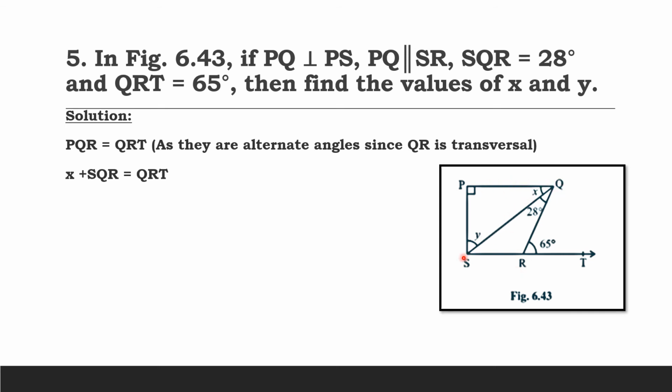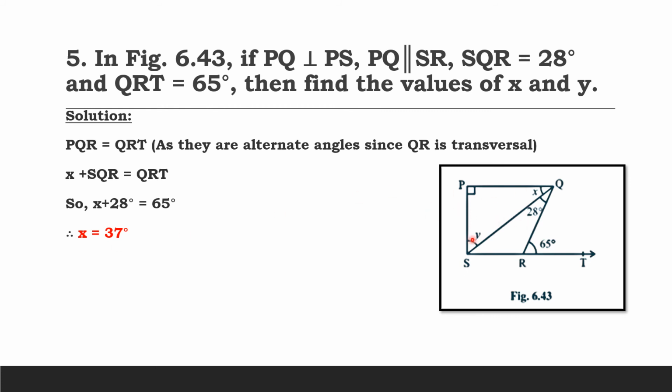So PQS is X. So X plus SQR is equals to QRT and we are given the measure of SQR and QRT. Substituting it, we will get X plus 28 degrees equals to 65 degree, which gives the value of X as 37 degree.